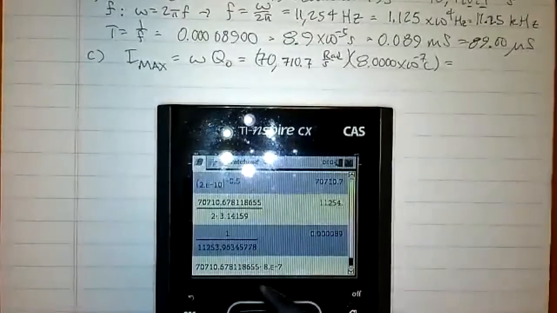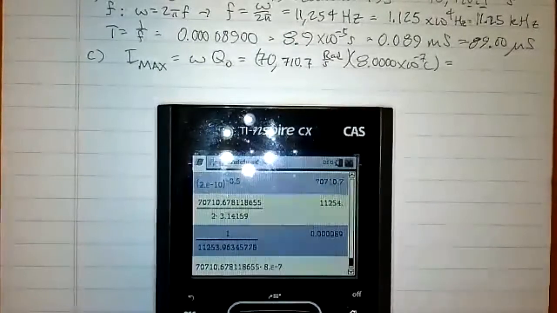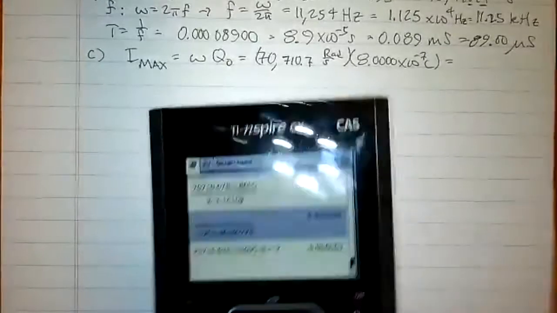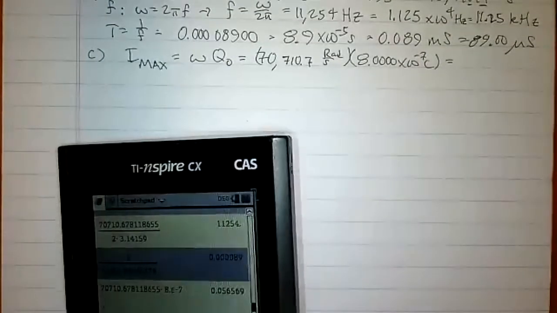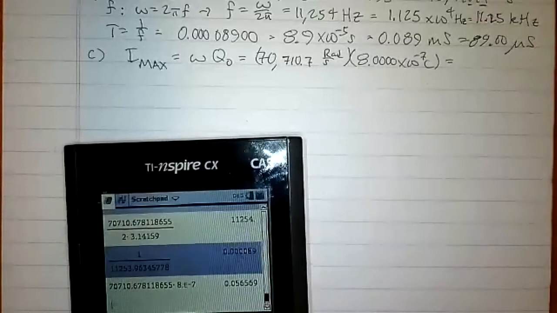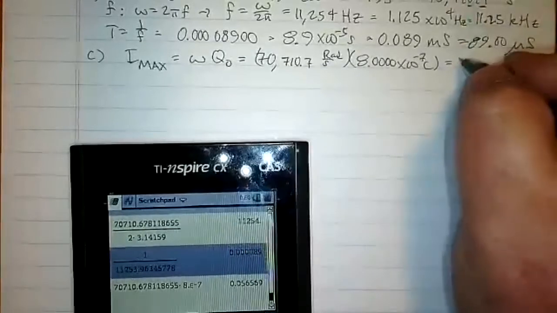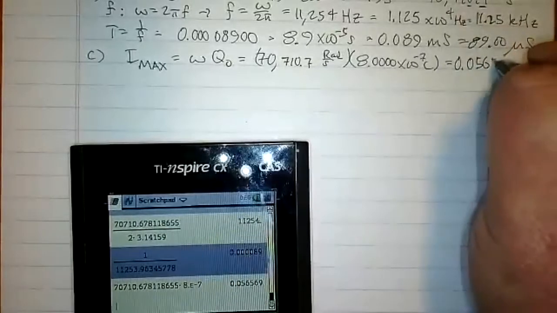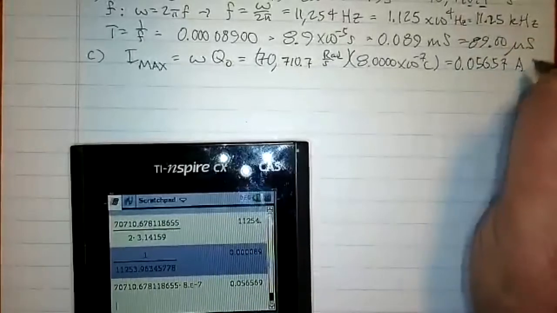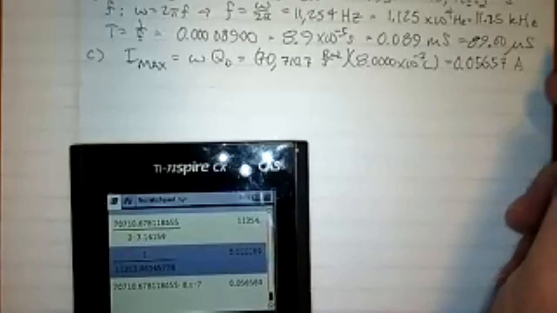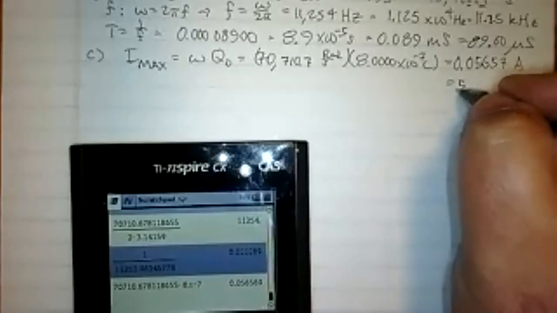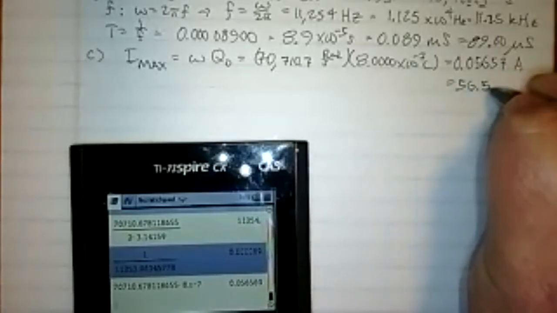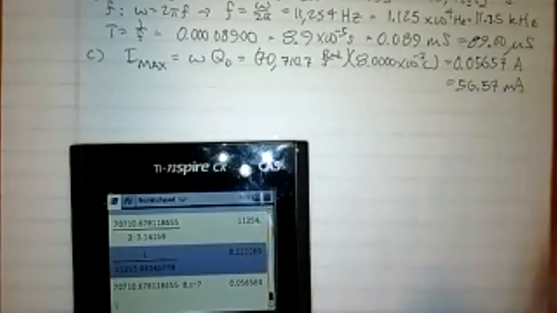Now I can see that I'm actually multiplying those two numbers, and I get 0.05657. So 0.05657 amps. So that's like 56.57 milliamps. So that's the max current.